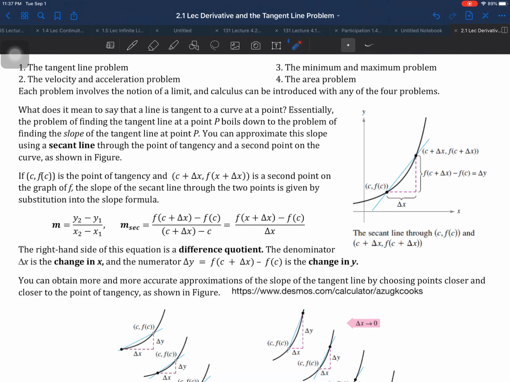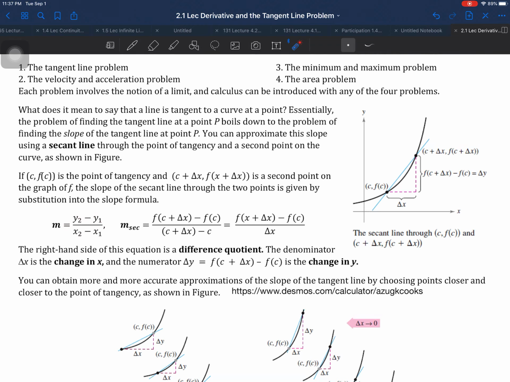So in fact, when we defined the slope in pre-algebra, we said the slope happened to be y2, the y component of the second point, minus the y component of the first point, all over the first component of the second point minus the first component of the first point. So basically this was the slope, right?